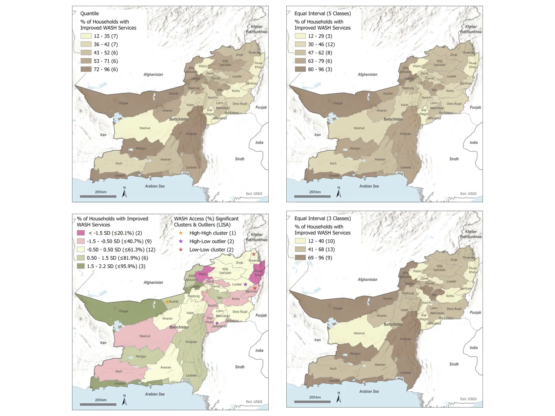So standard deviation, the middle class is basically representing the mean value is within that class. So where is minus 0.5 standard deviation to plus 0.5 standard deviation, including the mean value of those percentage of improved wash services at the district levels.